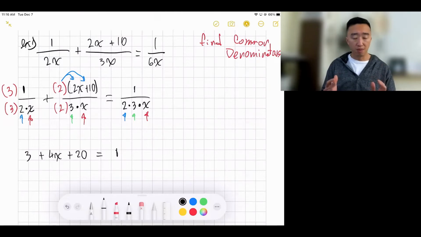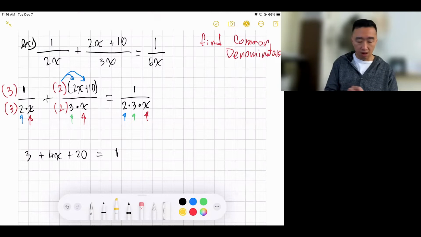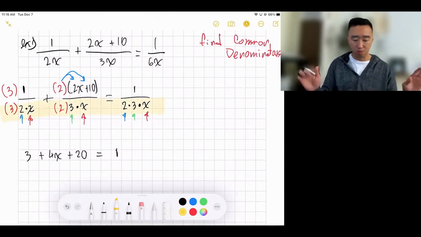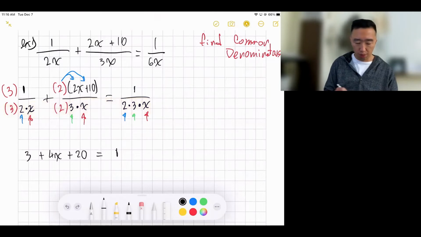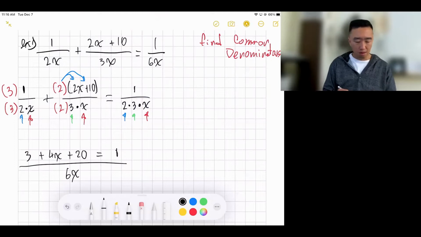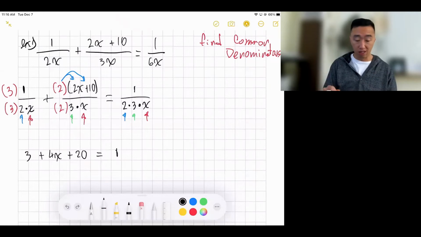Now, what about the denominator? Well, since all the denominators are all the same, I no longer need to worry about it. Okay, that's the beauty of it. You could put it all under 6x if you want to, but you don't even need it for solving this equation.